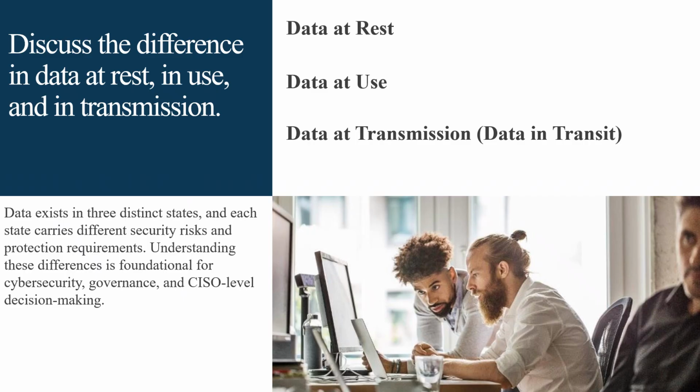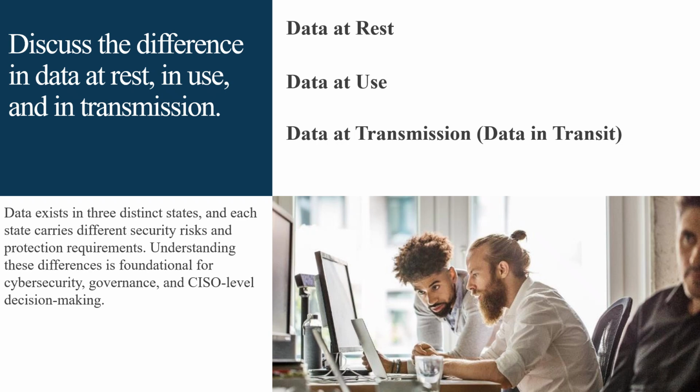Now let's discuss the difference in data at rest, in use, and in transmission. Data exists in three distinct states. Each state carries different security risks and protection requirements. Understanding these differences is a foundation for cybersecurity and governance.